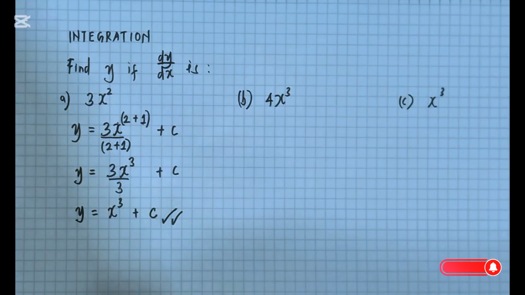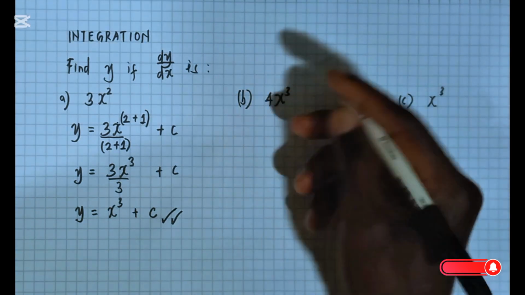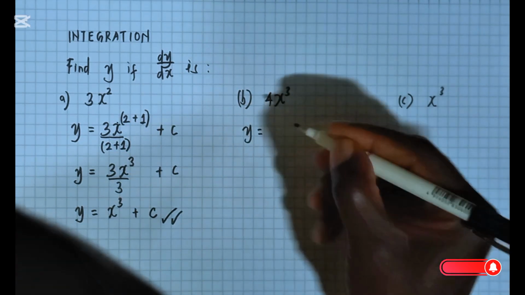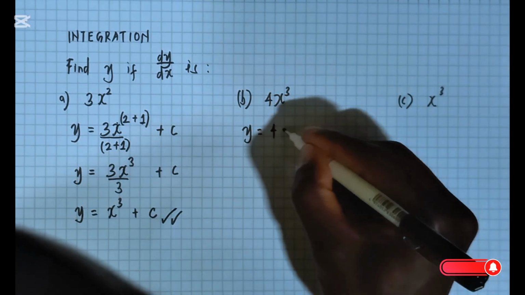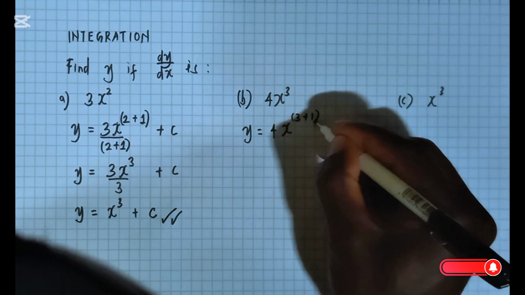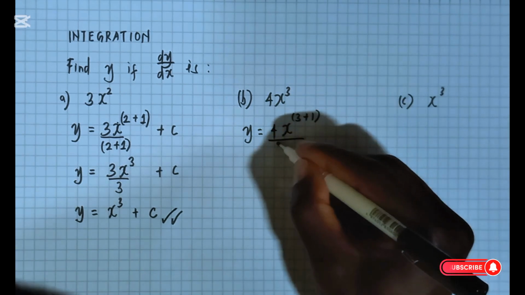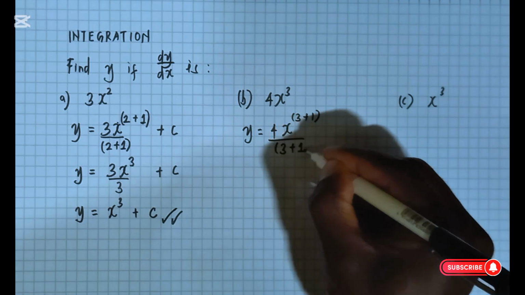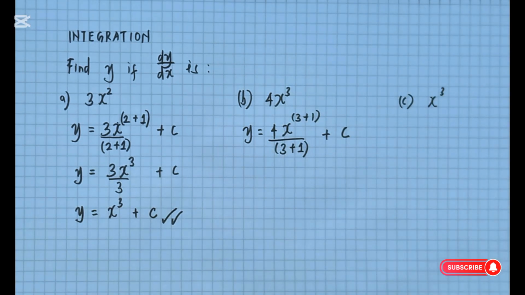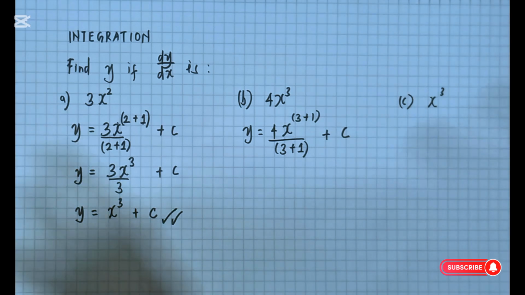So we go on and solve for b, following the same methodology. For us to find the value of y in this derived function, y will be given by 4x, with whatever we have in the index plus 1, that is 3 plus 1, and then we divide the whole thing by 3 plus 1. Then we add c for the y-intercept, whose value we are not able to tell, as this is an indefinite integral function.